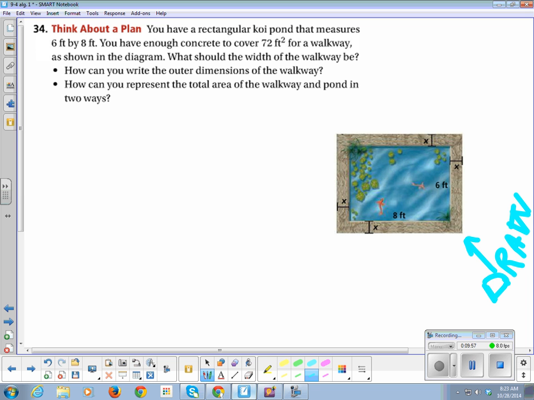We know it's going to be uniform. And we want to think of how we can write the outer dimensions of the walkway and how we can represent the total dimension of the area of the walkway and the pond in two different ways.